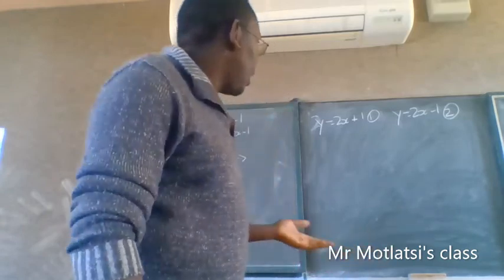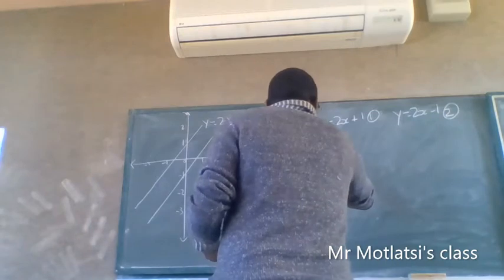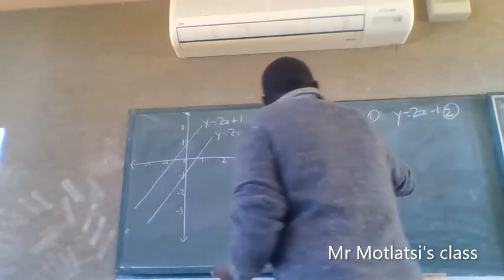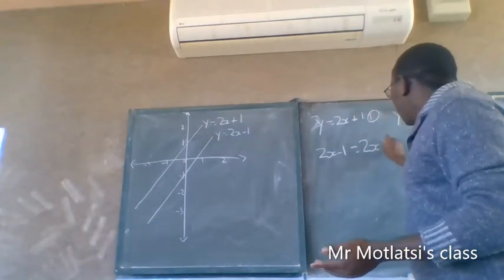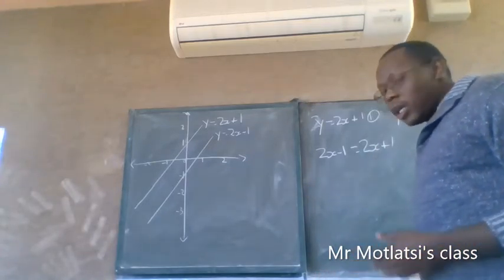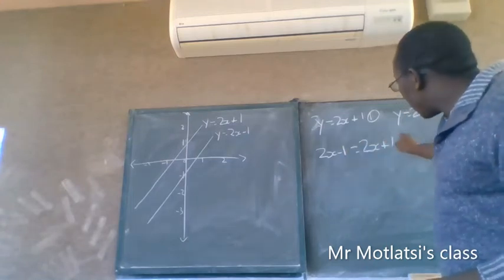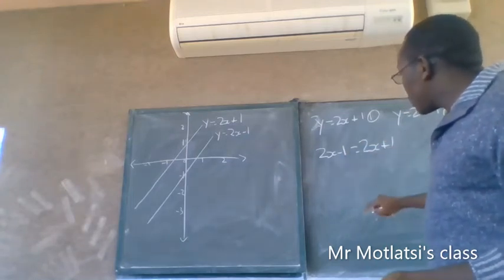Well, let's see. In this case, 2x minus 1 is equivalent to 2x plus 1. And then let's try to collect like terms. Now, if you take 1 to this side, then it's going to be positive.